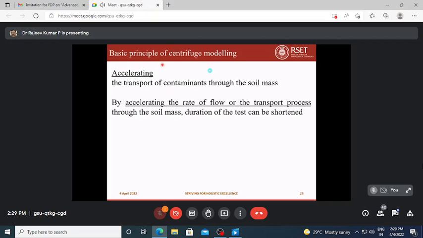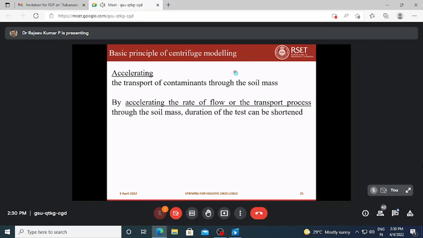In the transport mechanism, the transport of contaminants through the soil mass can be accelerated. By accelerating the rate of flow, the process can be simulated, and the duration of the testing time can be shortened.